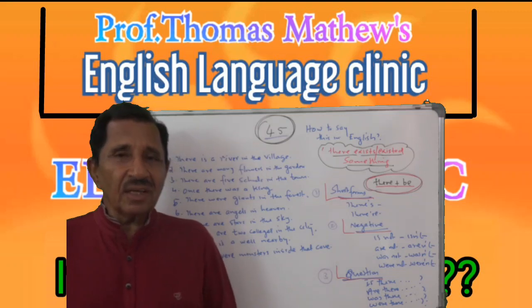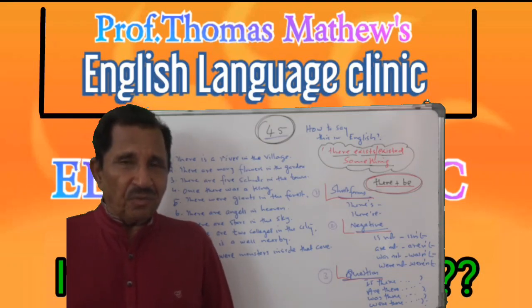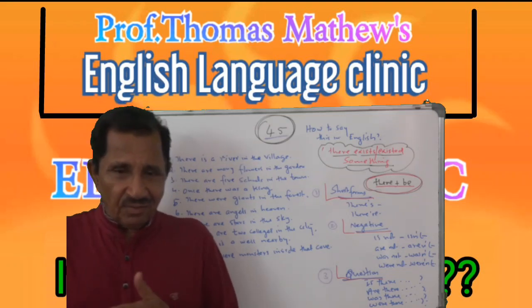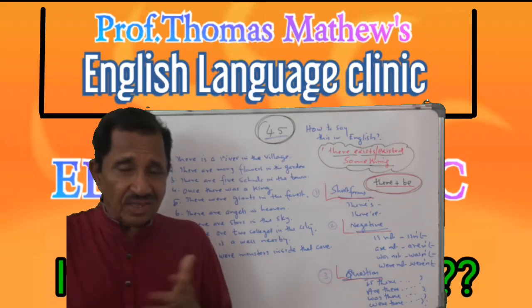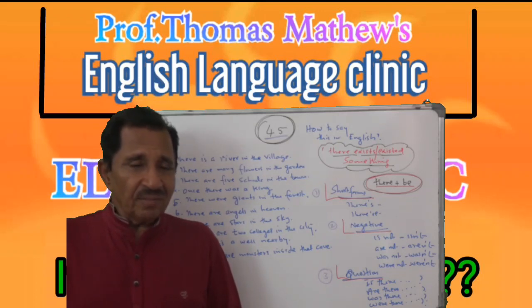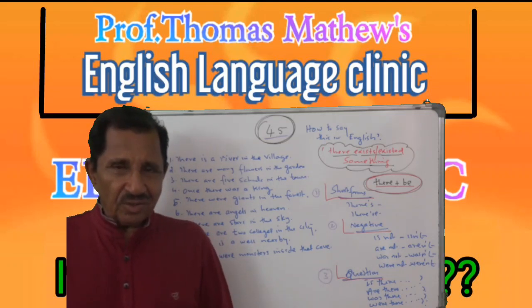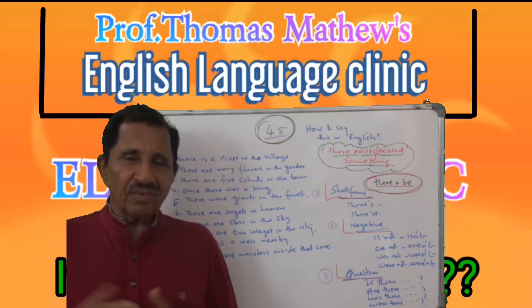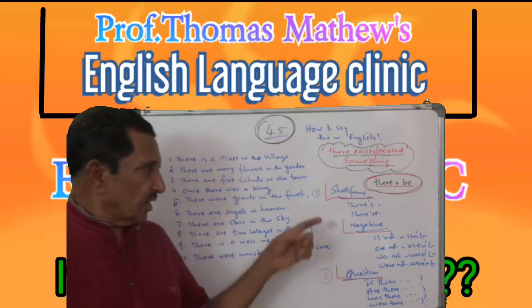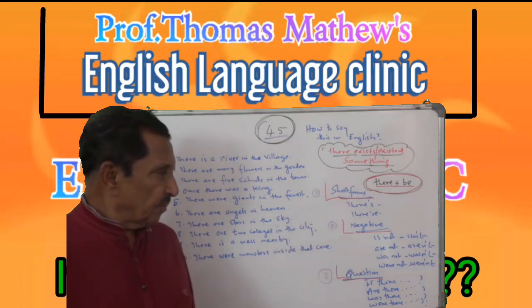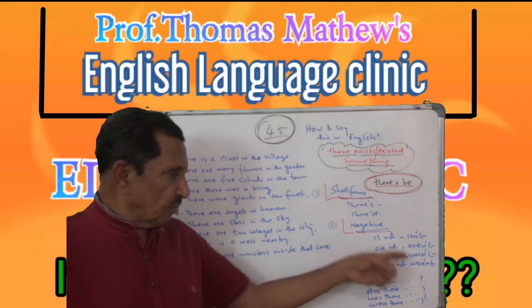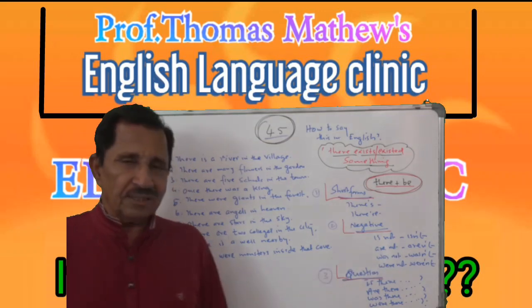Start the sentence with the to be form. So, there is a river in the village. Is there a river in the village? Negative will be, there isn't a river in the village. And if you want to shorten it, it will be, there's a river in the village. As you can see, first short forms, then negatives, short forms of negatives, and questions.